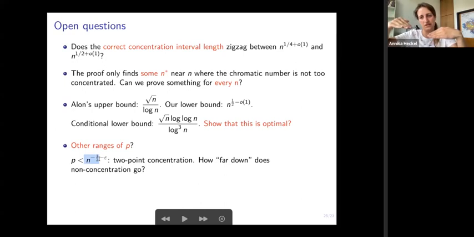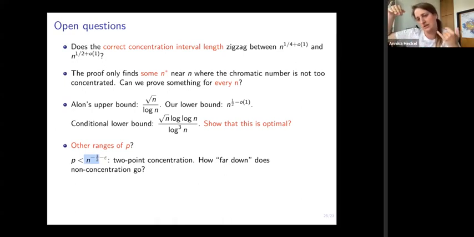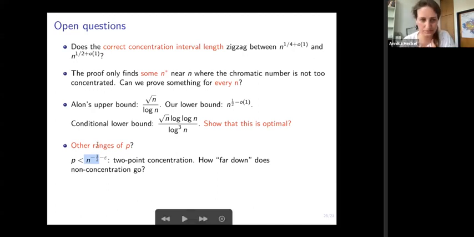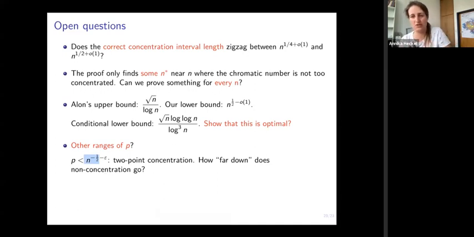So it would be interesting to see where this changes. If we go down from p constant, how long can we prove non-concentration? Or coming up from n to the -1/2, can we push this very narrow concentration a little bit longer?